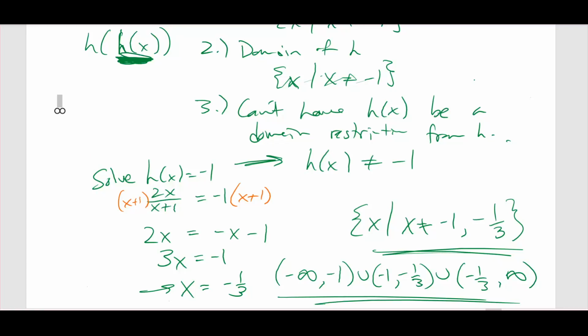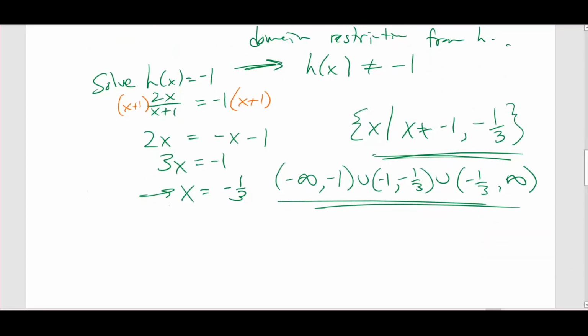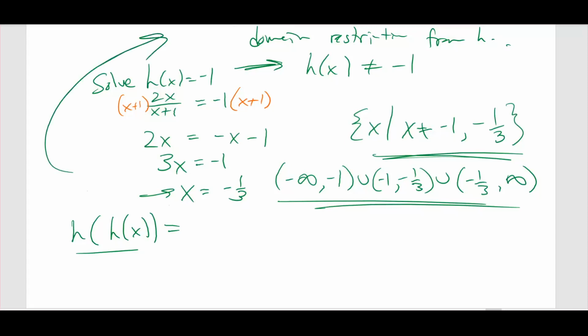Okay, so now we need to do the rest of this. We needed to find h of h of x and simplify it. So in doing this, we're going to show why it's a good idea to find our domain first. So finding this h of h of x, we know here's h, right? So we've got h of h.